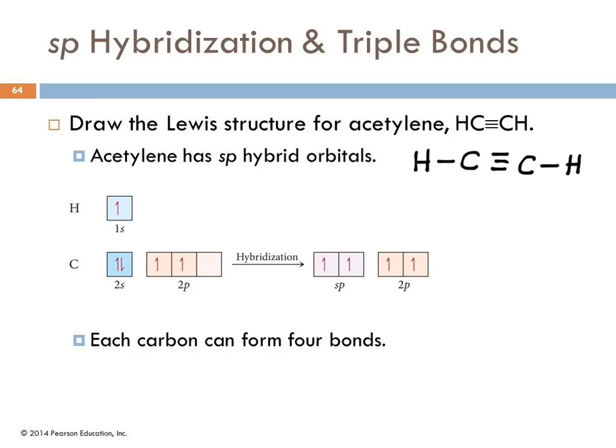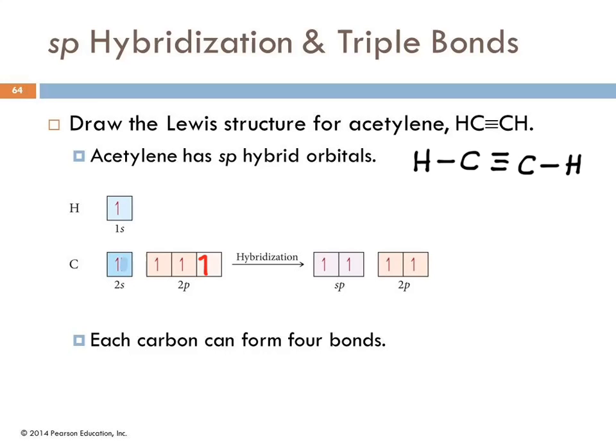When we look at acetylene, we find that it has sp hybrid orbitals. What's going to happen here is the atomic orbitals of carbon are going to hybridize. We're going to take this electron and move it up. So let me draw that. Move that up there.